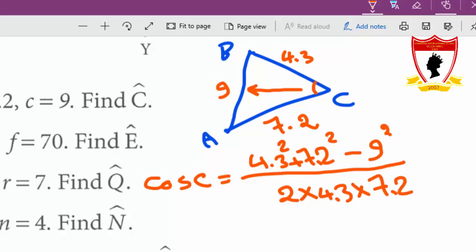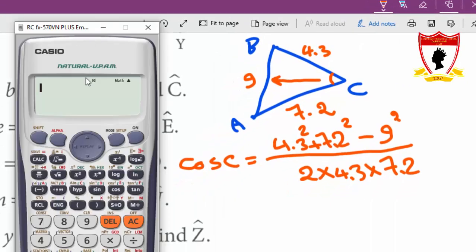Now let's write this in the calculator and get cosine of C. Let's type this in the calculator: 4.3 squared plus 7.2 squared minus 9 squared over 2 times 4.3 times 7.2.